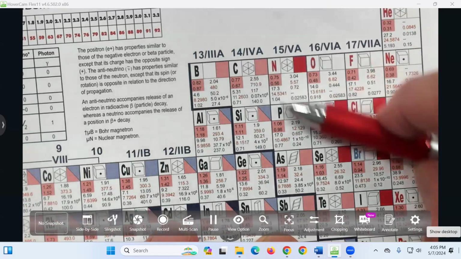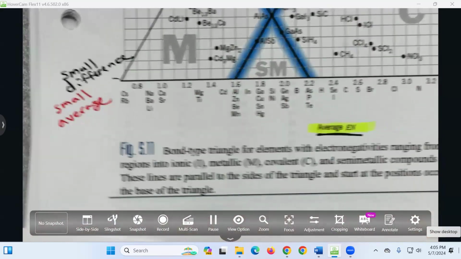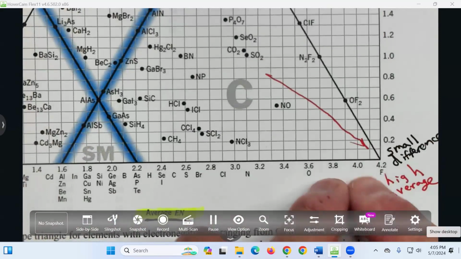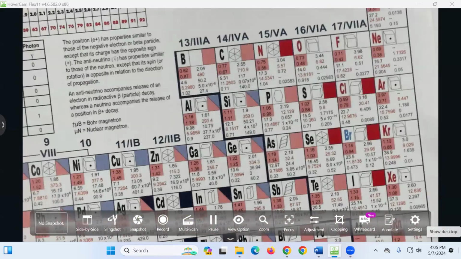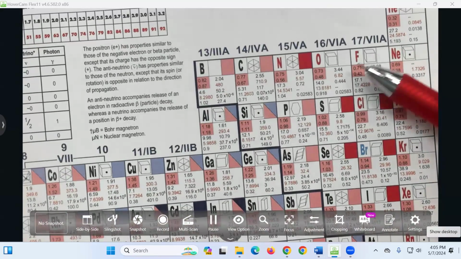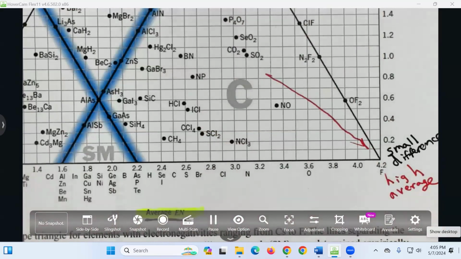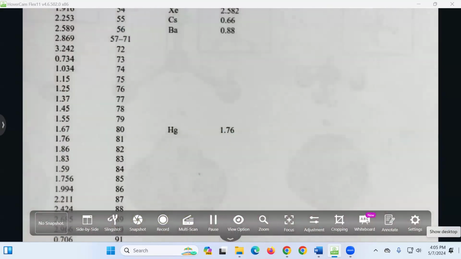Right up in here with these nonmetals, right? So in order to get something covalent, you want something with a high average. Your average is about 4. You get something with a high average, you're way in this upper region. And you want a small difference. High average, small difference.